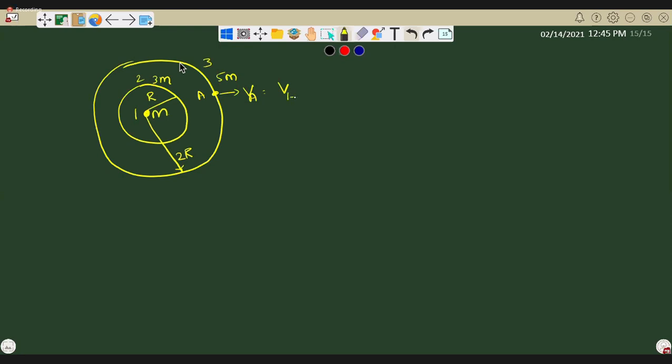Potential because of 1 at A plus potential because of 2 at A plus potential because of 3 at A. What is the potential because of 1 at A? Minus GM. Plus, what is the potential because of 2 at A?